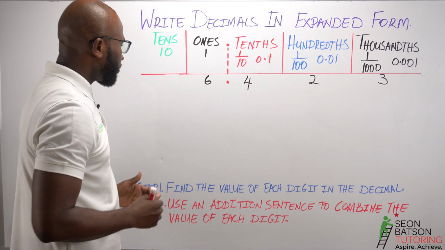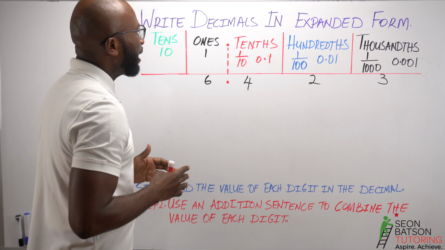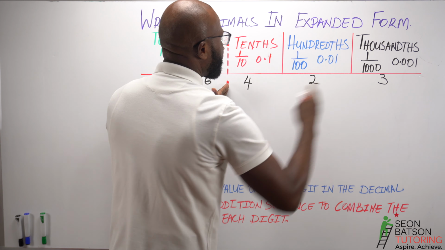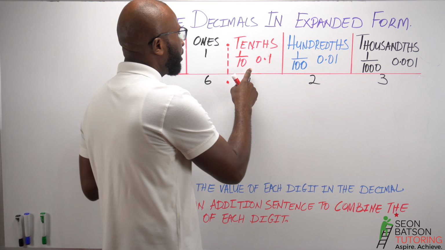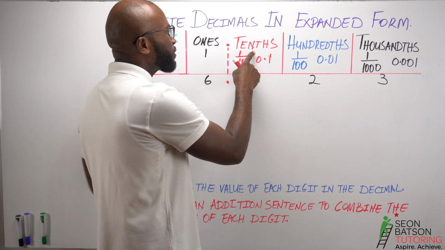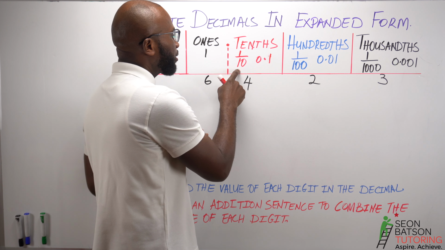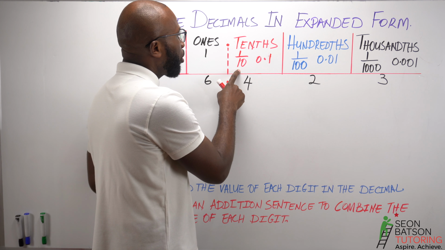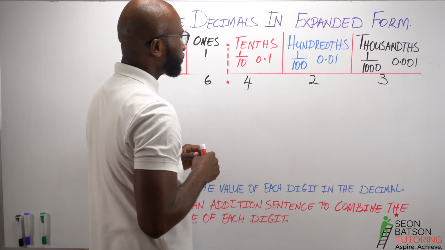Before we go to our first example, let's examine the places behind the decimal point. The first place behind the decimal point is the tenths place. A tenth can be written as a fraction, 1/10, or as a decimal, 0.1.